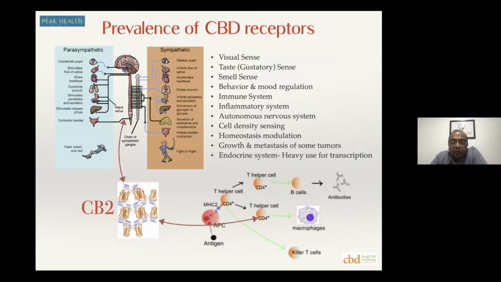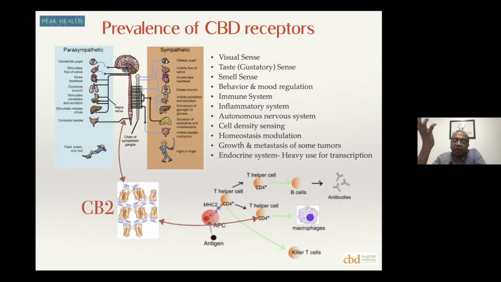Now, why is CBD so important, right? If you look at the sympathetic and the parasympathetic, the CB2 receptor is very, very prevalent on the parasympathetic nerves. These are the things that we don't actually control.